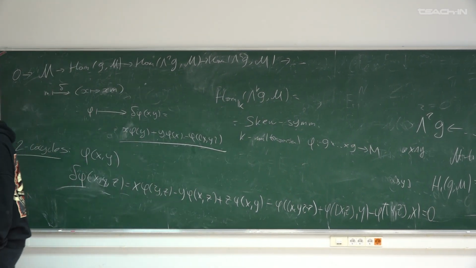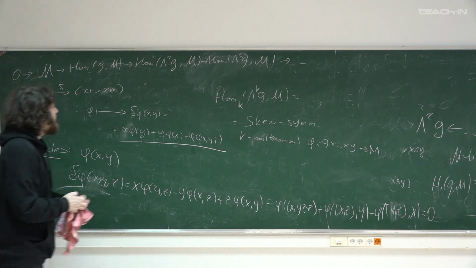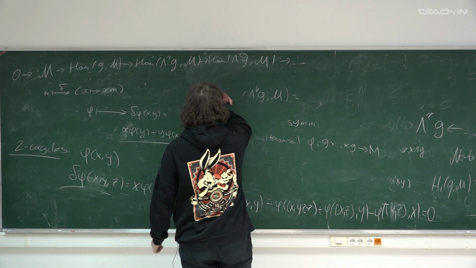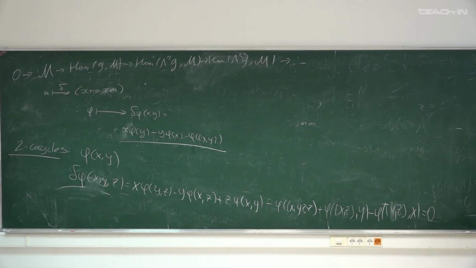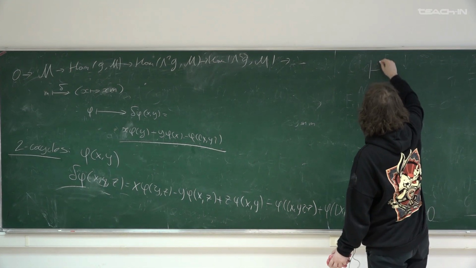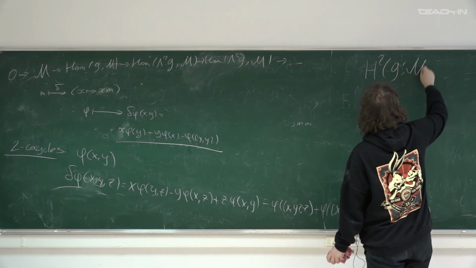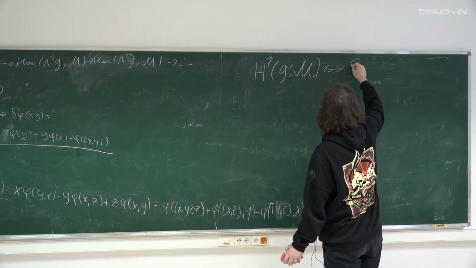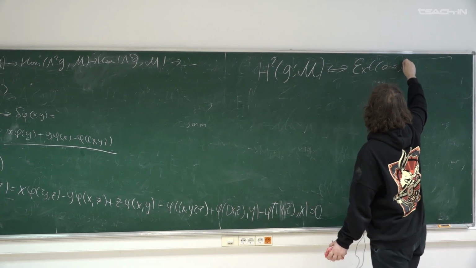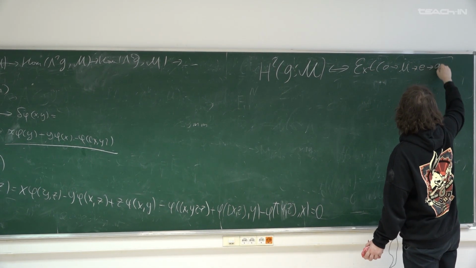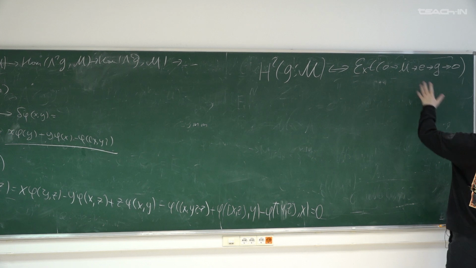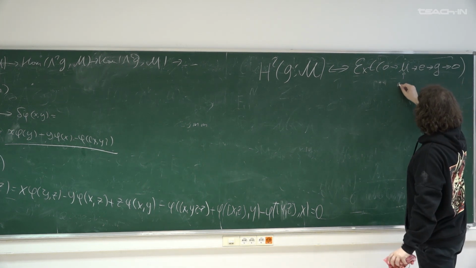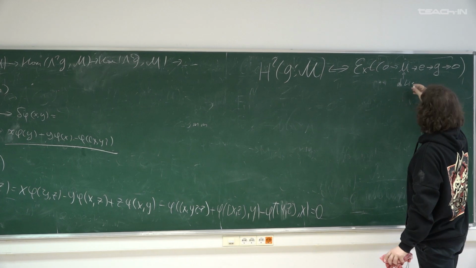It's second cohomology. And again, as for groups, from this explicit description, we can relatively easily check the following theorem. That the second cohomology is in bijection with extensions of the form M, E, G, where E is a Lie algebra, an extension of Lie algebras, where M is considered as an abelian Lie algebra, so with no commutator.